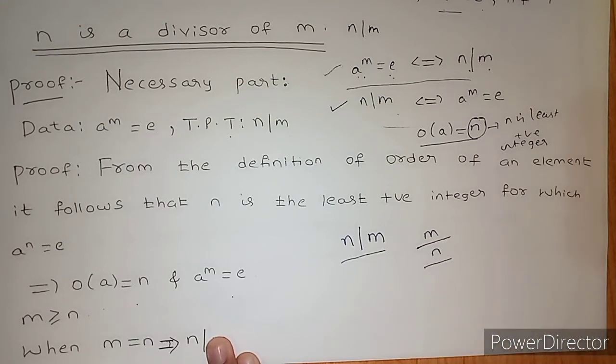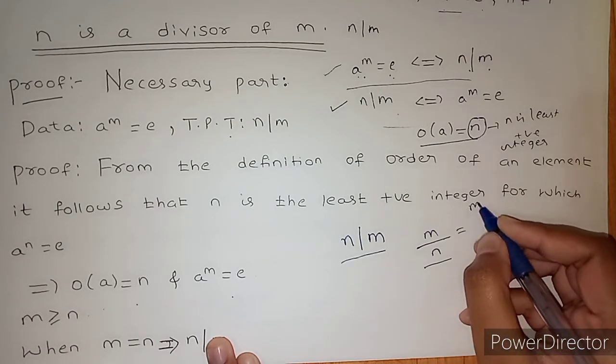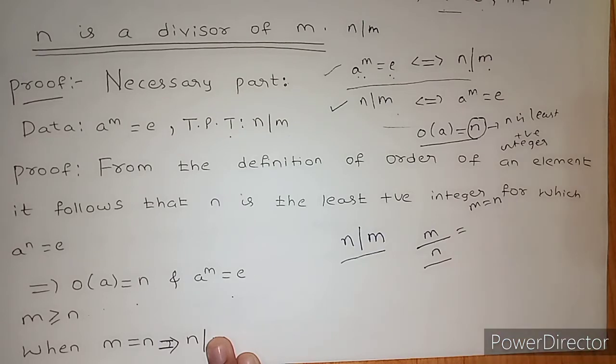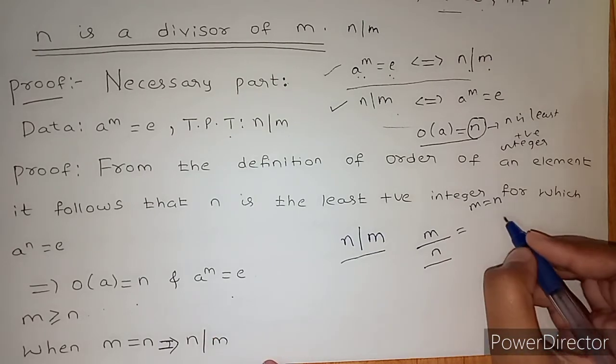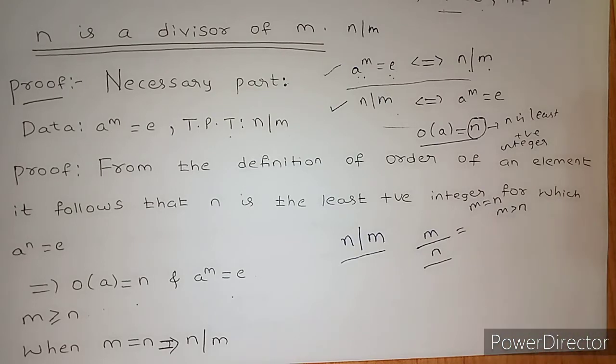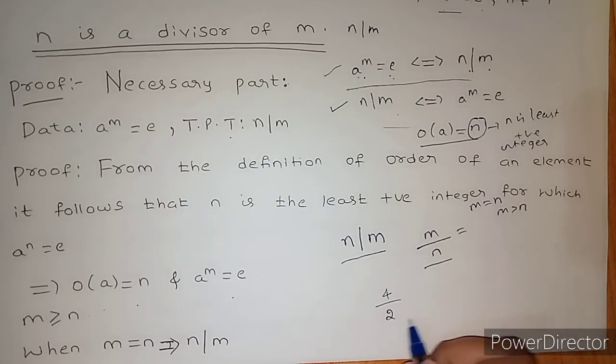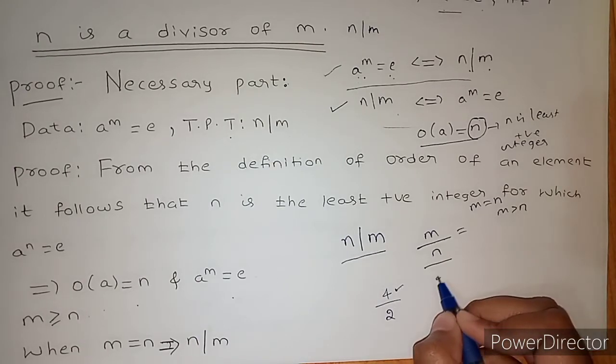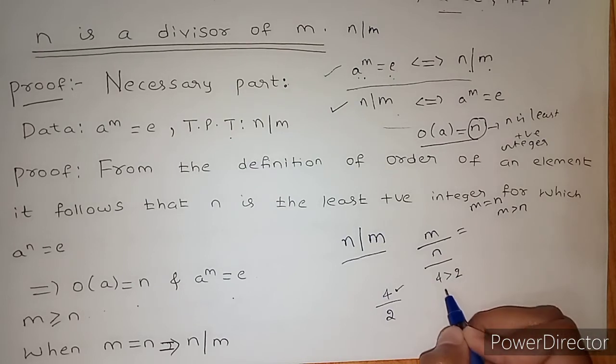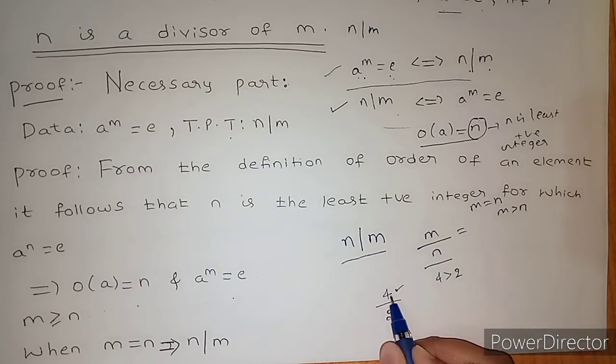In what conditions does N divide M? Either M is equal to N or M is greater than N, right? For example, 2 divides 4. Here 4 is greater than 2, that's why 2 is dividing 4.